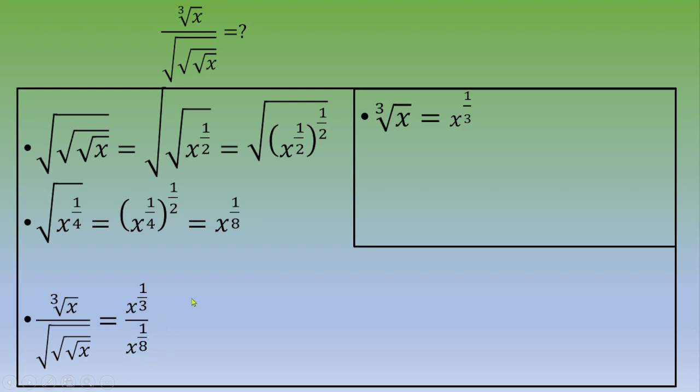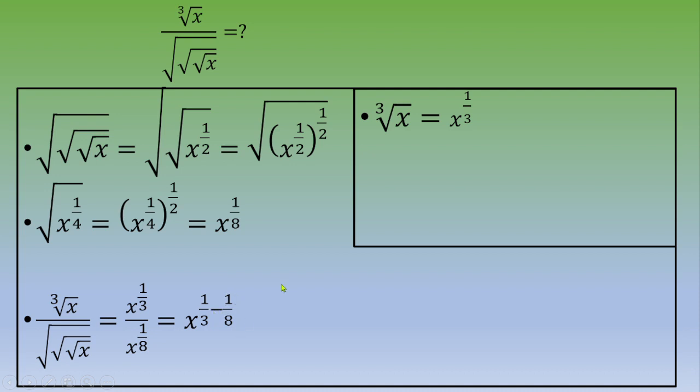And now, if you apply this power rule, every time you divide two numbers with the same base and the powers are different, you need to subtract the powers. So you will get x power of 1 over 3 minus 1 over 8.